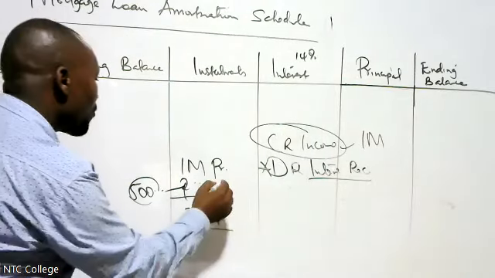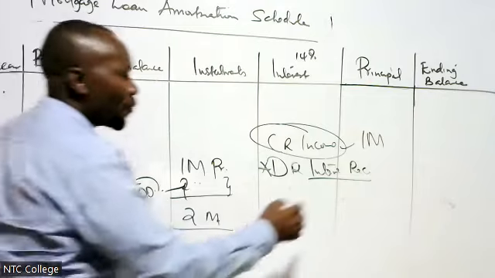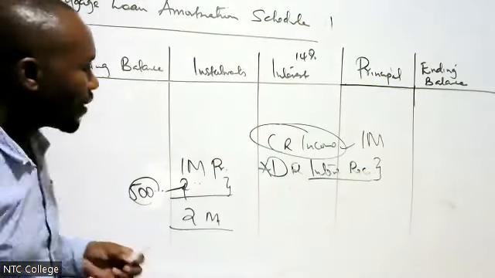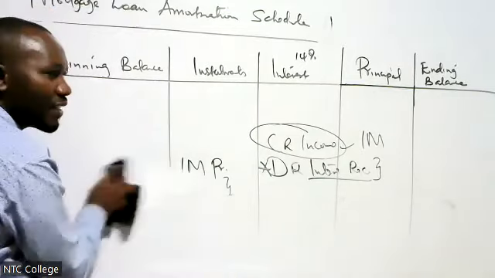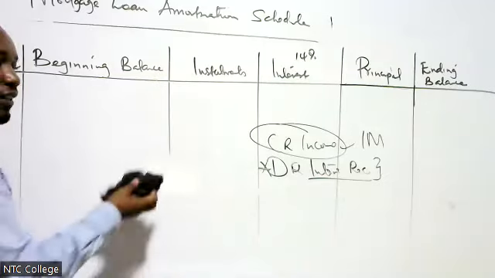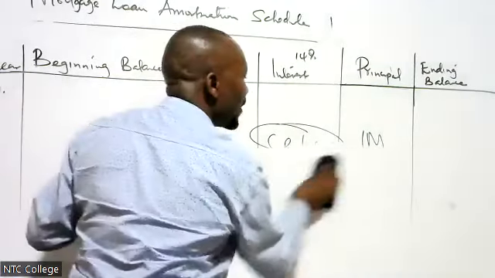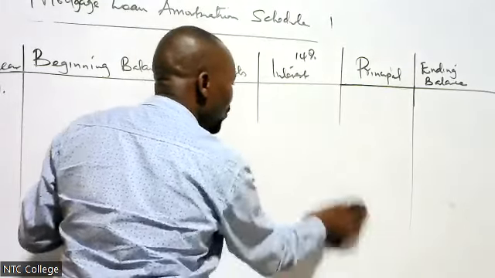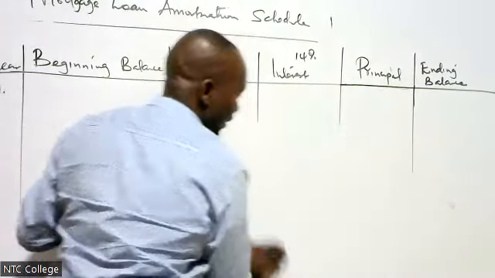So apart from you being protected by this, you are also protected by this. Buyer beware. So ukiona imeshinda 6 months and they continue accruing, auditors will come and tell them stop accruing. Don't charge more interest on this person because you are going to exaggerate.